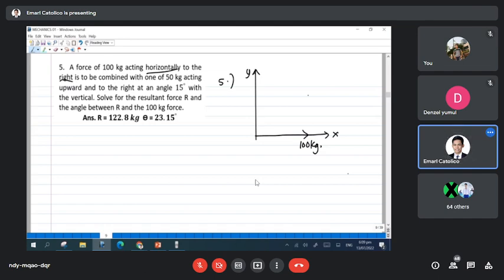To the right. Is to be combined with one of 50 kg acting upward and to the right at an angle of 15 degree. So 15 degree acting upward. So doon ka sa y magbe-base ano. Yan. So ito yung iyong 50 kg. Since sinabi is acting upward, yung theta mo nandito siya. 15 degree. Okay.